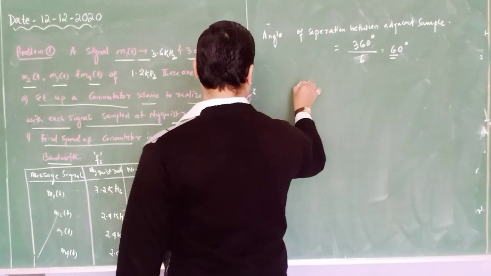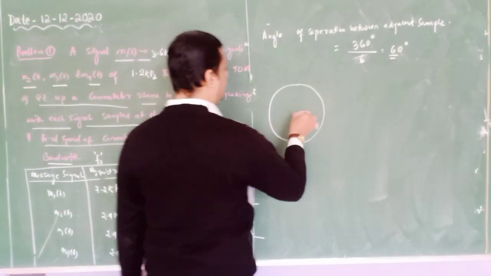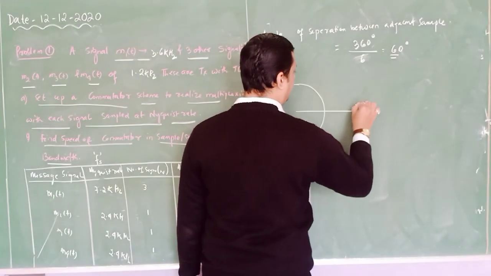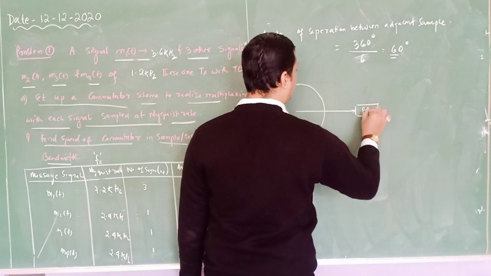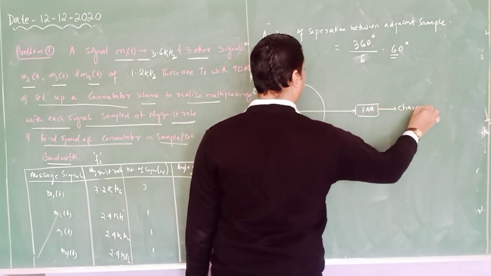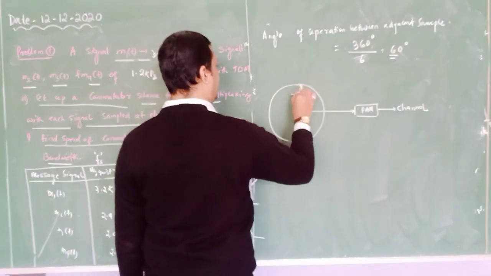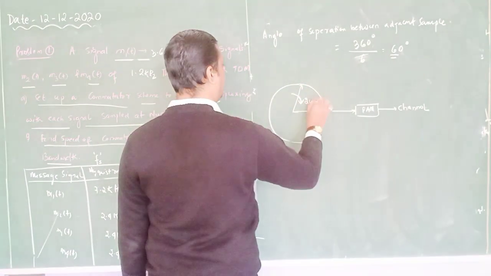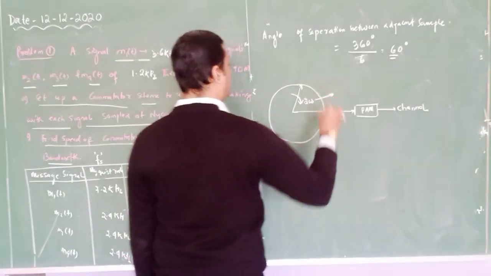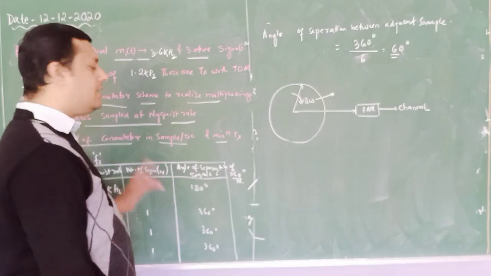Now how can I set up the commutator? As we have done for the previous example, feed to the pan, then it is the channel, and here the commutator is available and it is moving with a speed of 2W, where W is the minimum bandwidth available in the message signal.